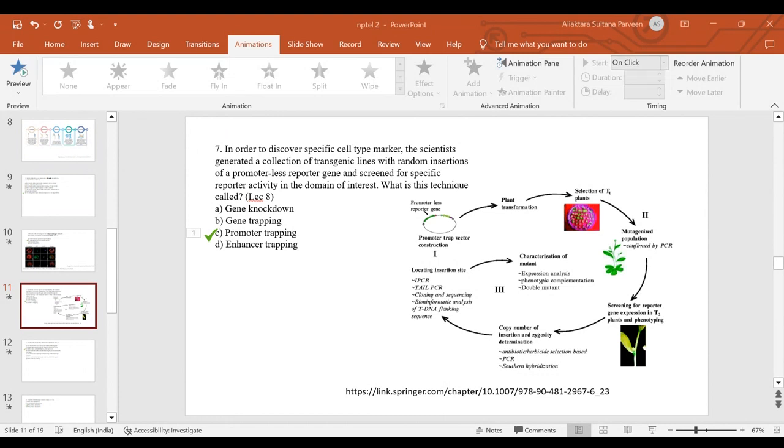Fine. Yeah, so the method is known as promoter trapping. Why it is known as promoter trapping, let's see. From my knowledge, promoter trapping could be of different kinds. The first kind is this: suppose you have a gene of your interest, and you know the sequence of the gene and its promoter.